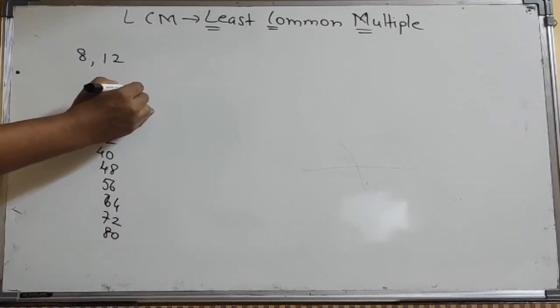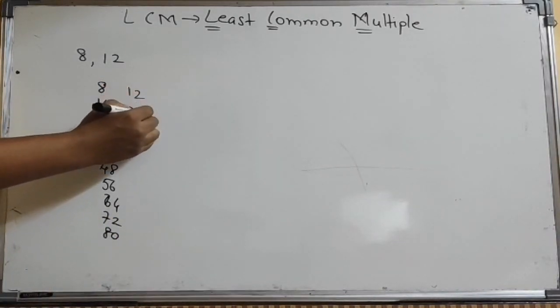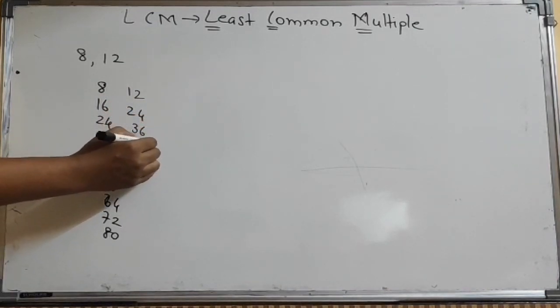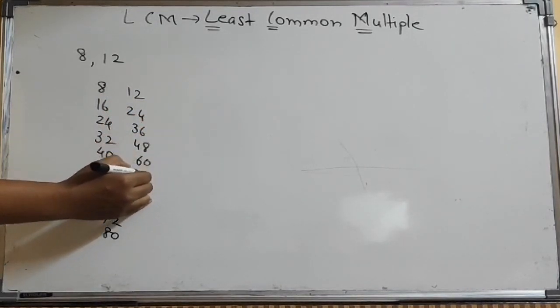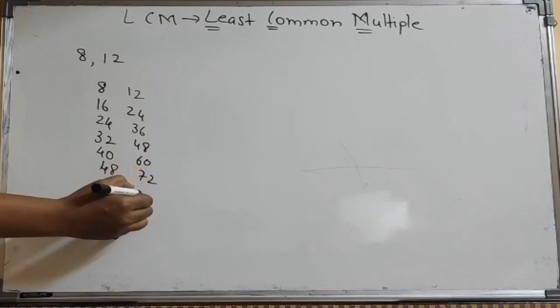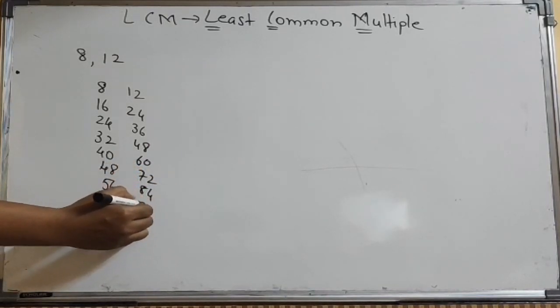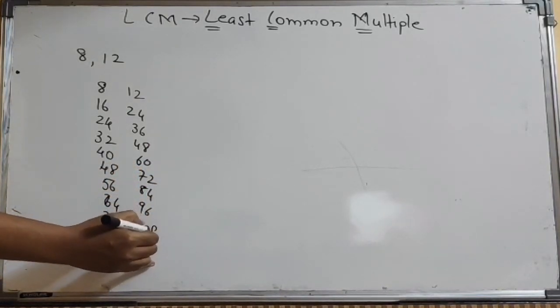Then you listed the table of 12: 12, 24, 36, 48, 60, 72, 84, 96, 108 and 120.